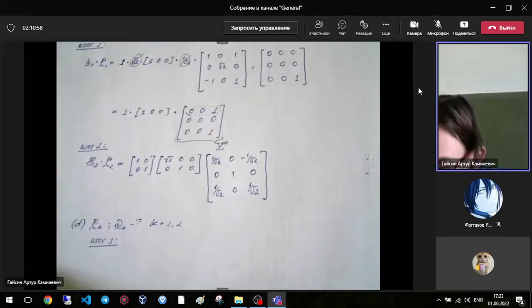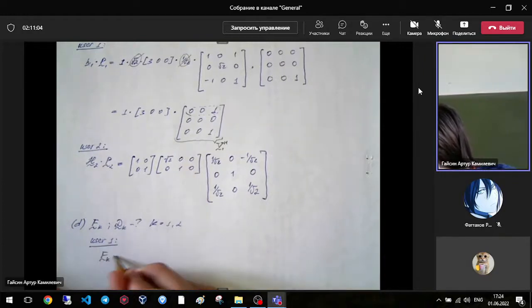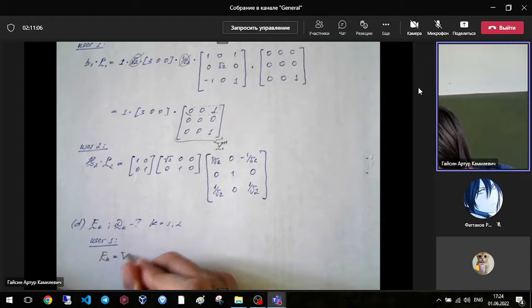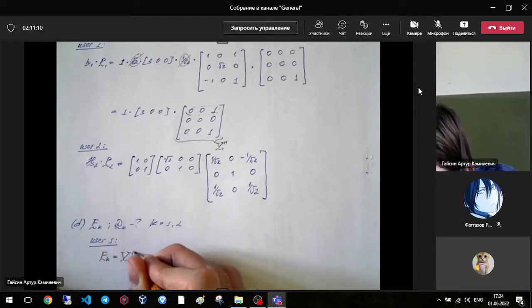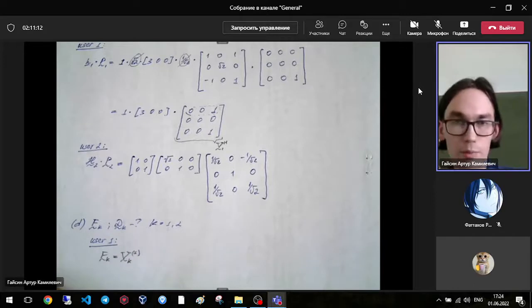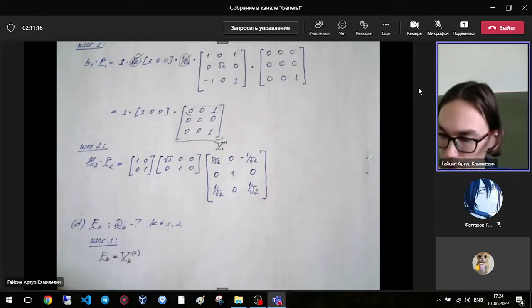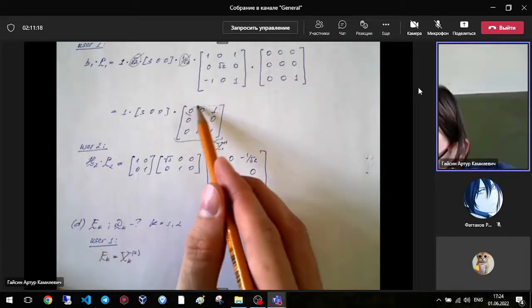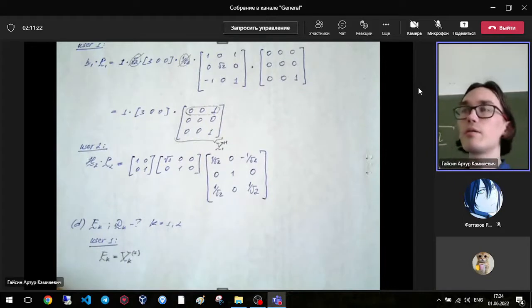This one is V1 Hermitian. And if we assume this general case for Fk, Fk is equal to Vk. Let's write as single subspace. In this case, our rank is equal to 1. We have this first row, but we should write it as column.